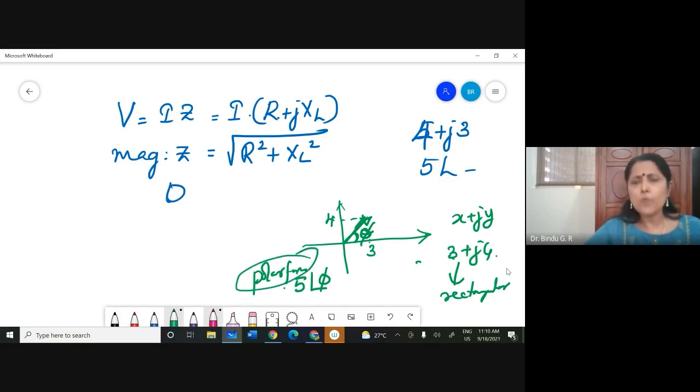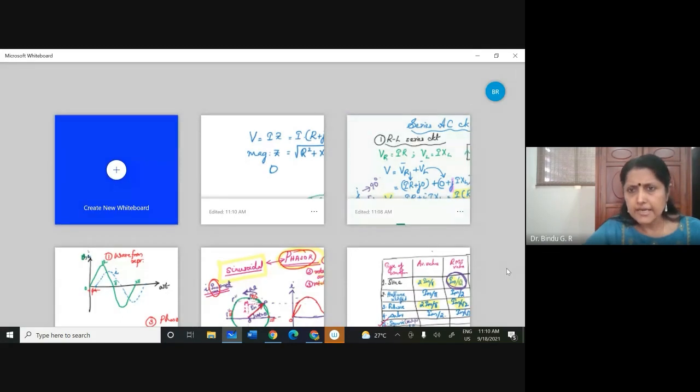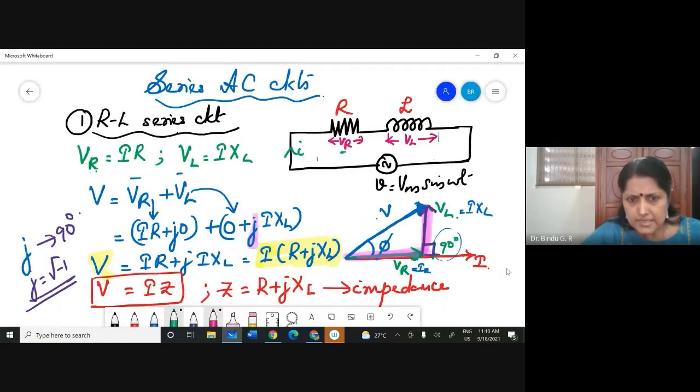Whatever it is, what I have to end up with in this particular case is to represent this phasor. How to represent this phasor? This phasor can be represented as the square root of VR squared plus VL squared, or I can represent it as I into Z, or I can represent this magnitude with this angle.